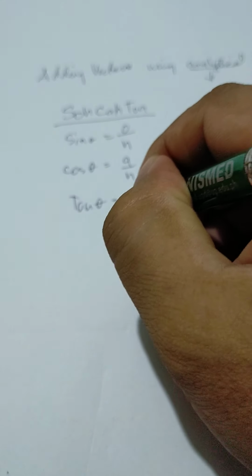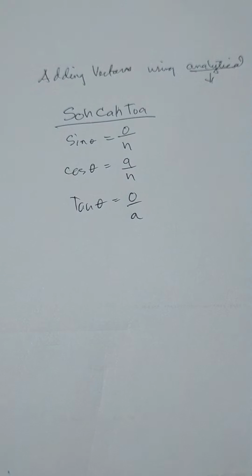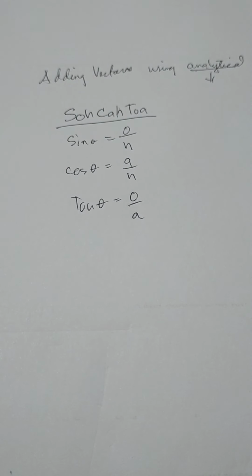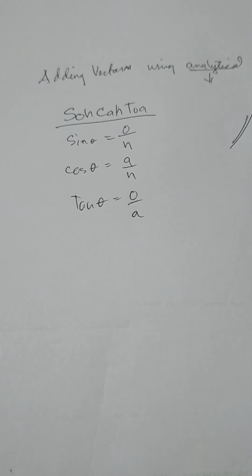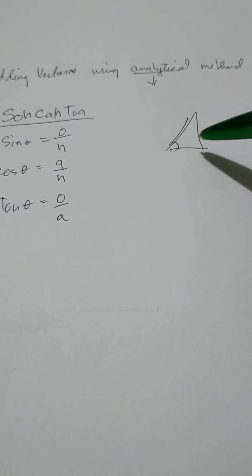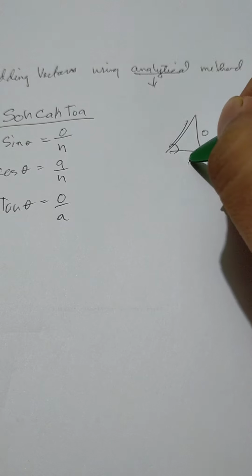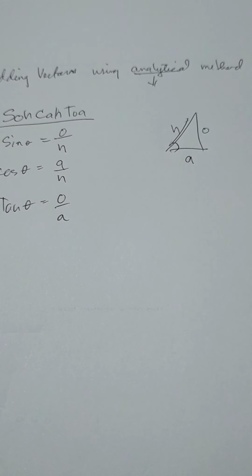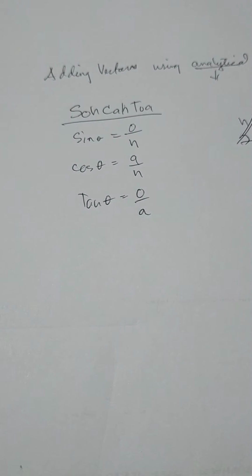Cosine theta is equal to adjacent over the hypotenuse. Tangent theta is equal to opposite over the adjacent. If this is the triangle and this is the angle, this is the opposite side, this is the adjacent side, and this is the hypotenuse. You all know that in your basic algebra.